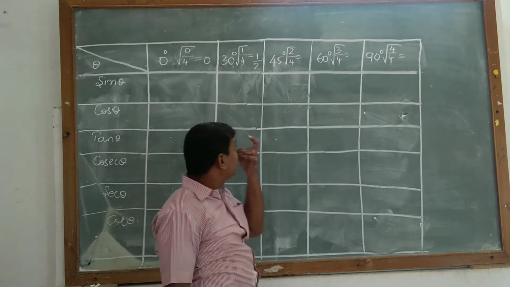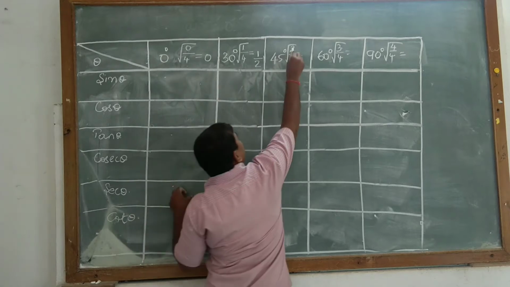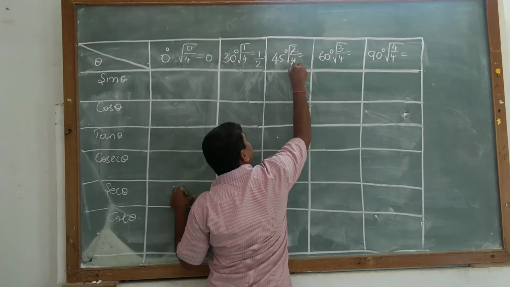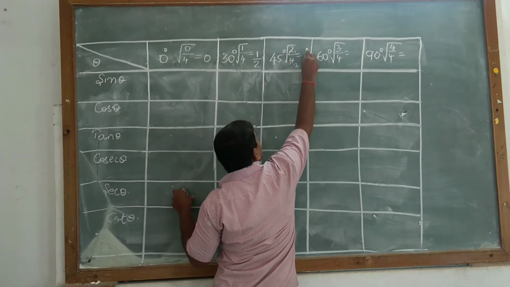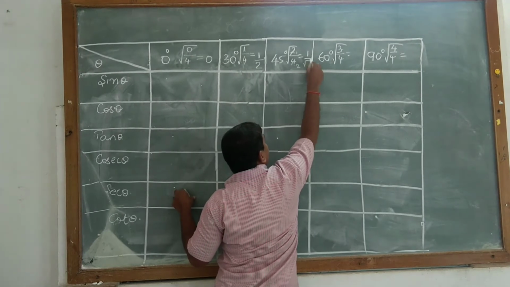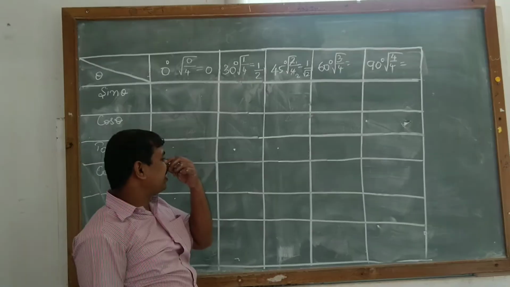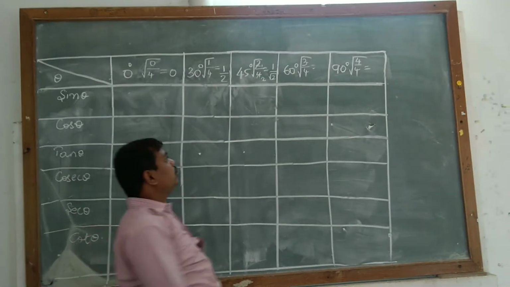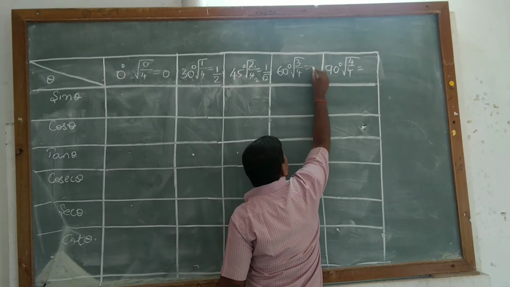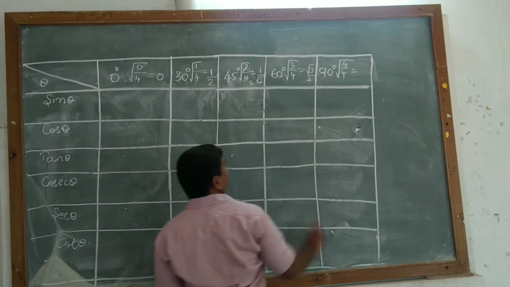Next, when you come to 45 degrees, check it here. 2 1s are 2, 2 2s are 4. What is the square root of 1? 1. And square root of 2, you got 1 by root 2. Then next 3 by 4. That means root 3 by square root of 4 is 2.